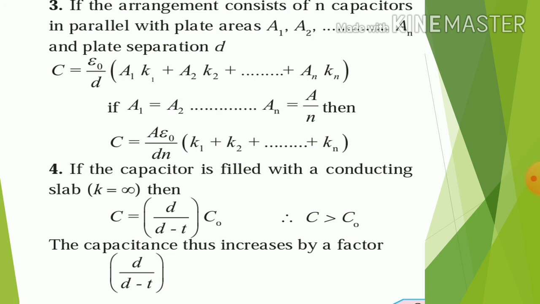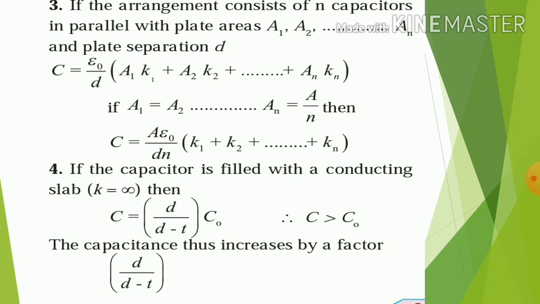Then the capacitance of the parallel plate condenser C equal to, in brackets, d upon d minus t, into C0.